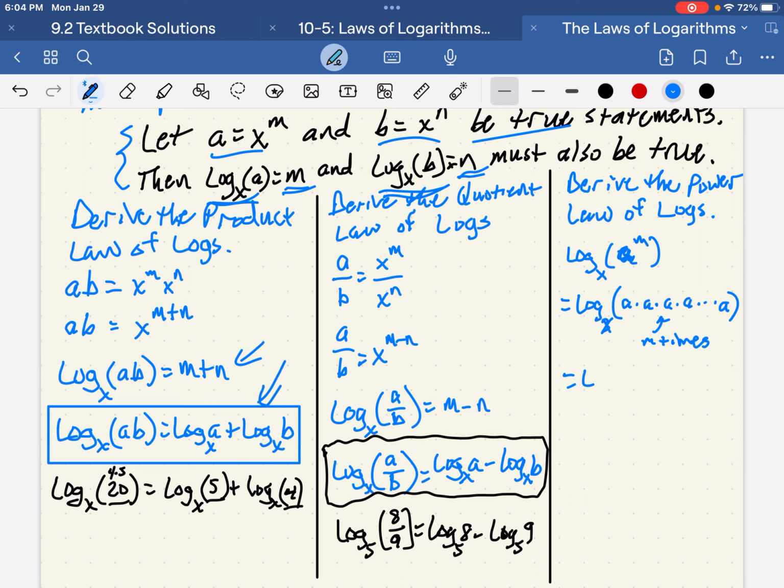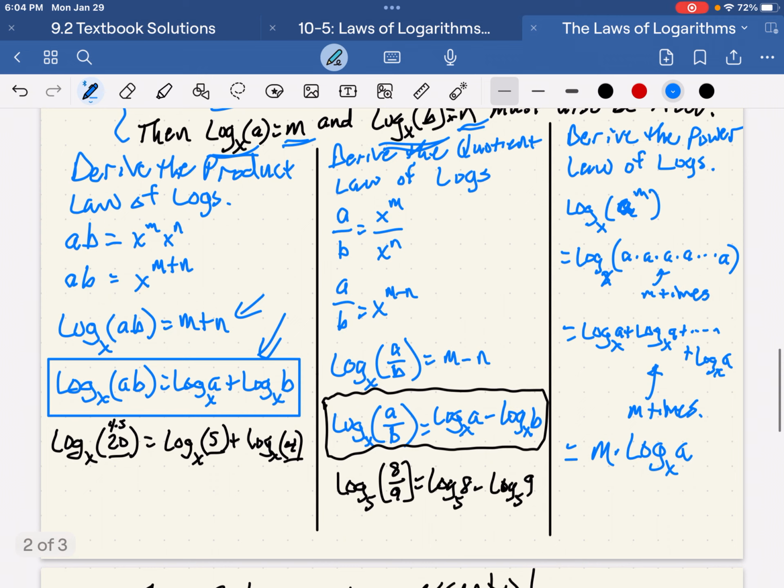So can I say that this is equal to log base x of a plus another log base x of a plus ... until I have log base x of a m times? Okay, well, what's another way of saying that I have log base x of a m times? We say that I have m times log base x of a.